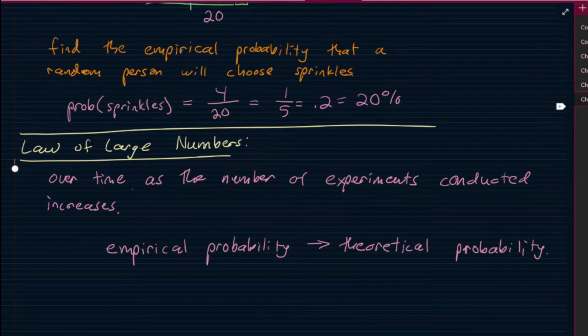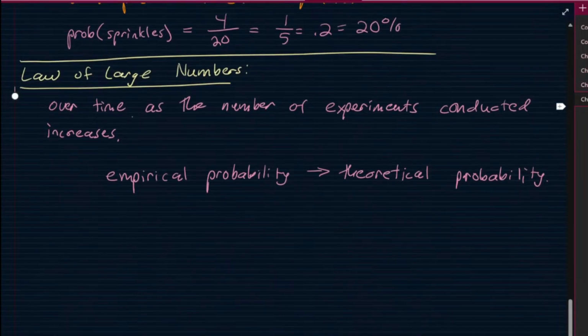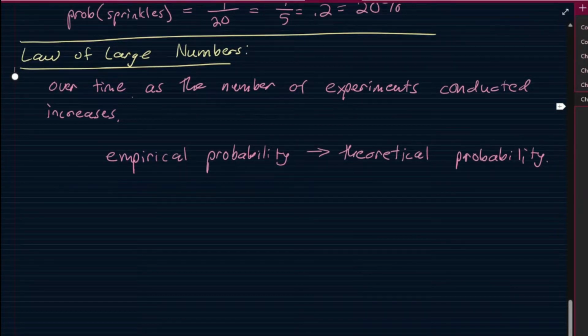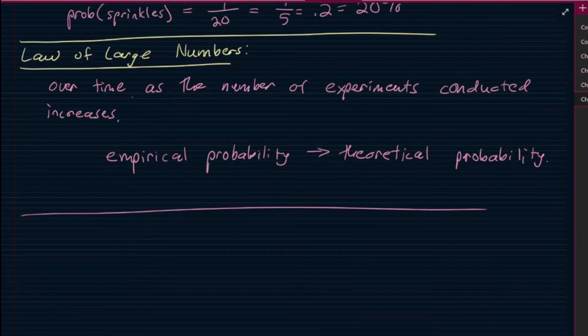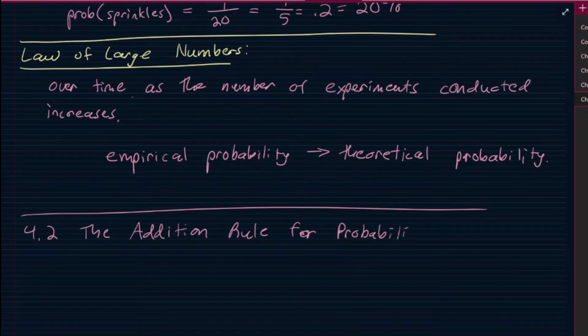Okay, so section 4.2 is on the addition rules for probability. Really only need one formula.